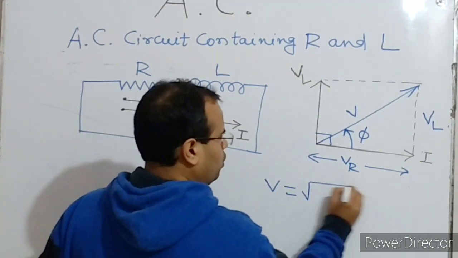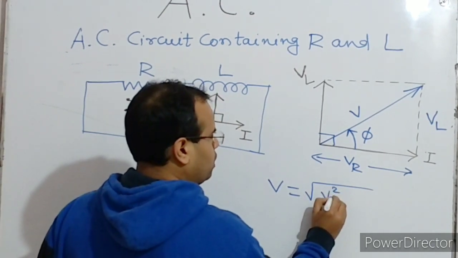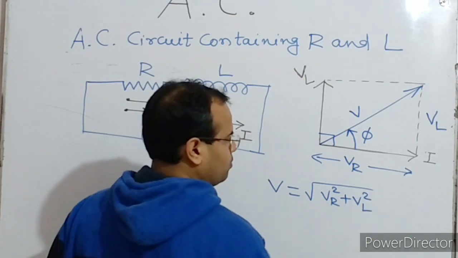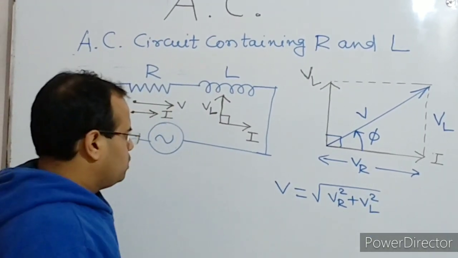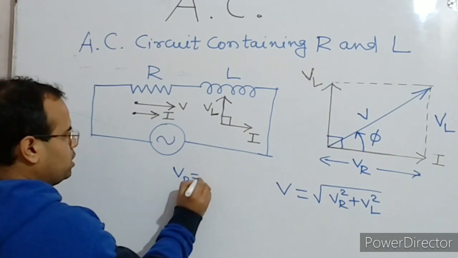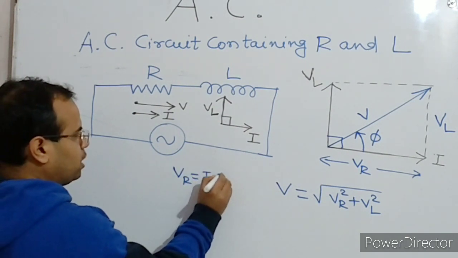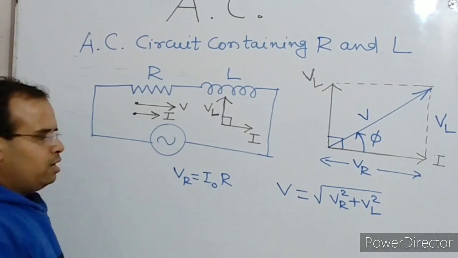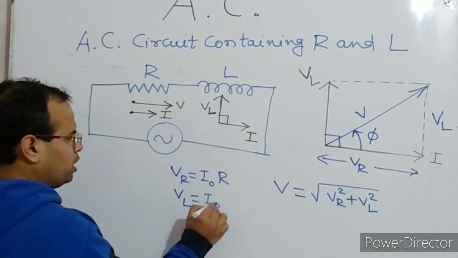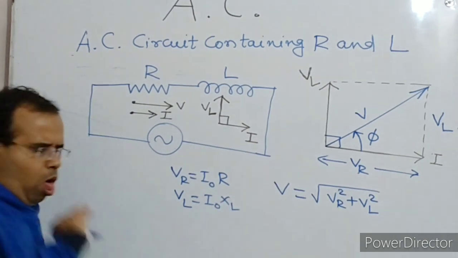You can see very easily that the resultant V is given by under the root of VR square plus VL square. As far as VR is concerned, VR is equal to I naught times R, and VL is equal to I naught times XL.